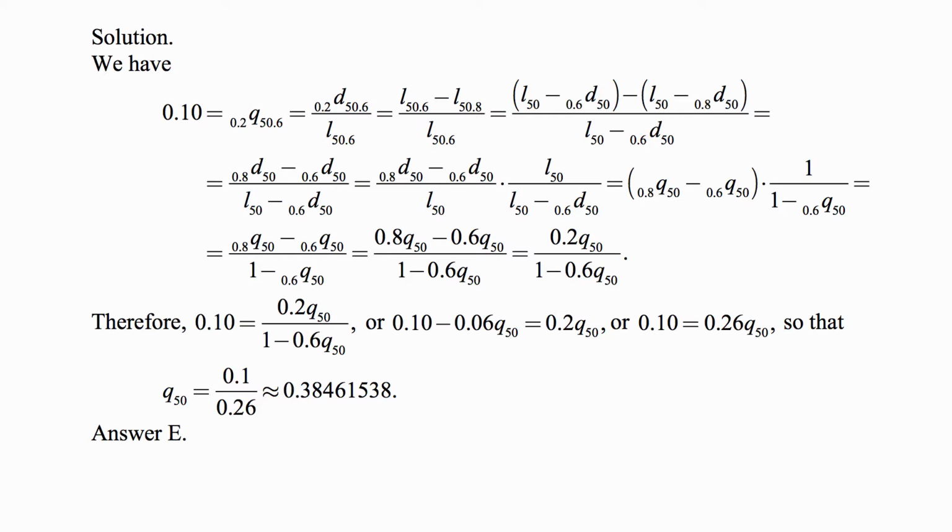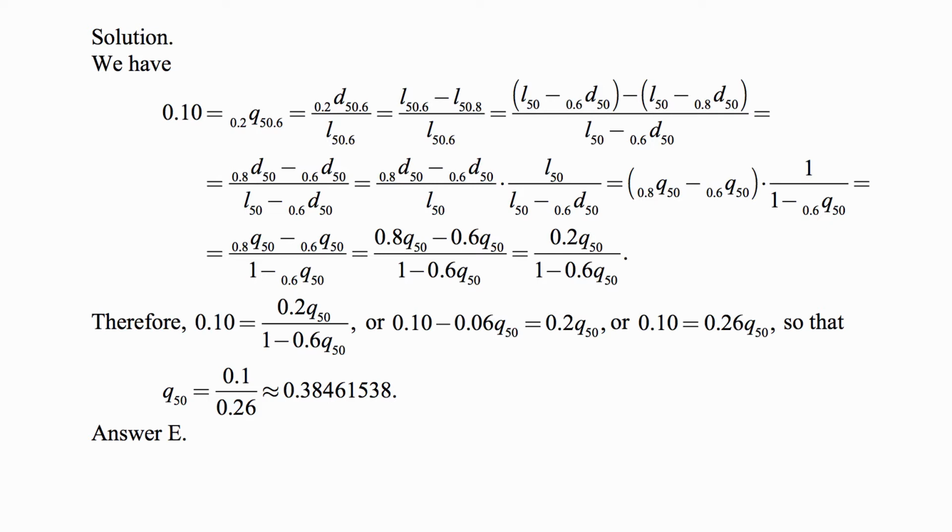And we divide this 0.8 D50 minus 0.6 D50 by L50, and then we put L50 on top of L50 minus 0.6 D50. So the first expression is simply 0.8 Q50 minus 0.6 Q50, and the second expression, if we divide the top and the bottom by L50, becomes 1 over 1 minus 0.6 Q50.